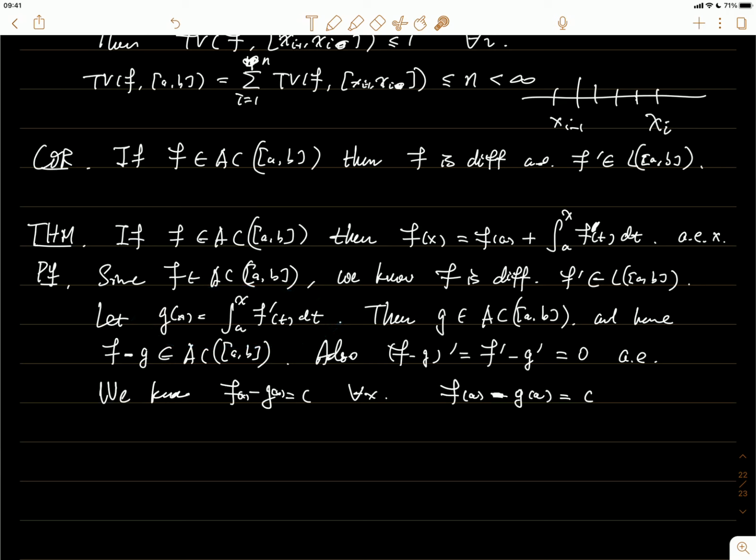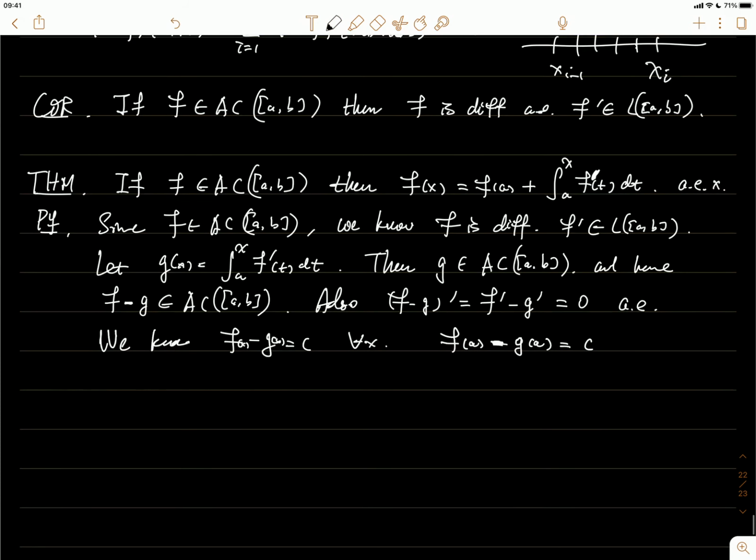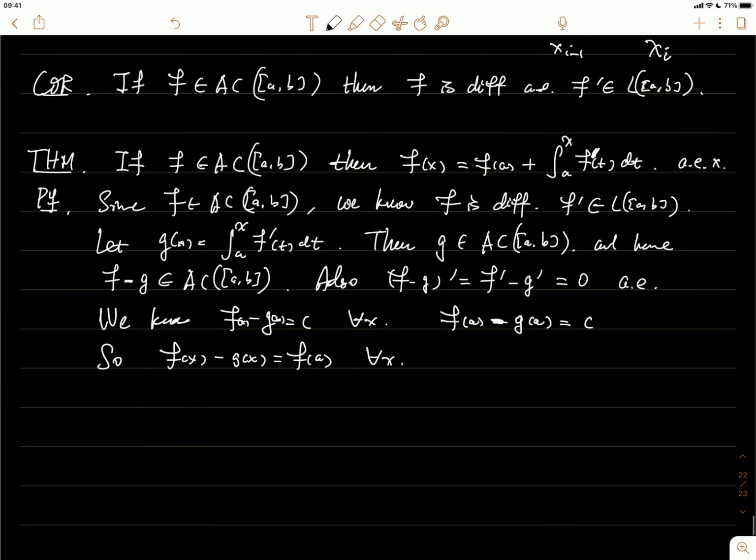So that means c equals f of a. And that also means that f of x minus g of x equals f of a for any x. And now we just put back the definition of g of x. That means f of x equals f of a plus g of x, but g of x is equal to the integral of this.